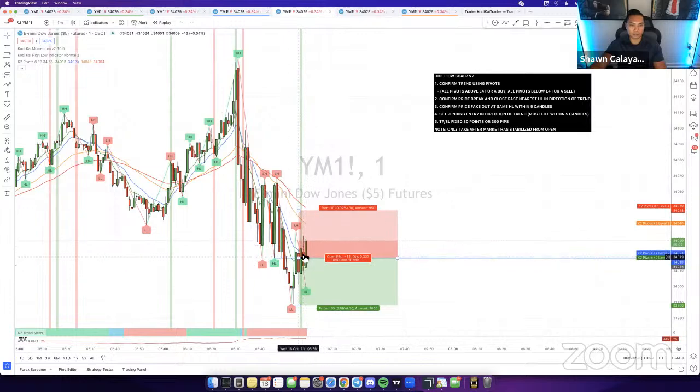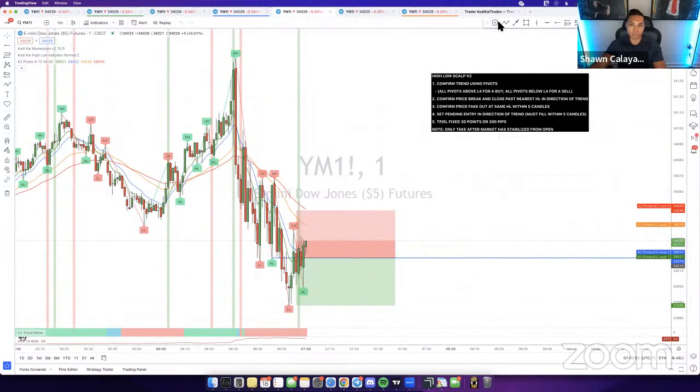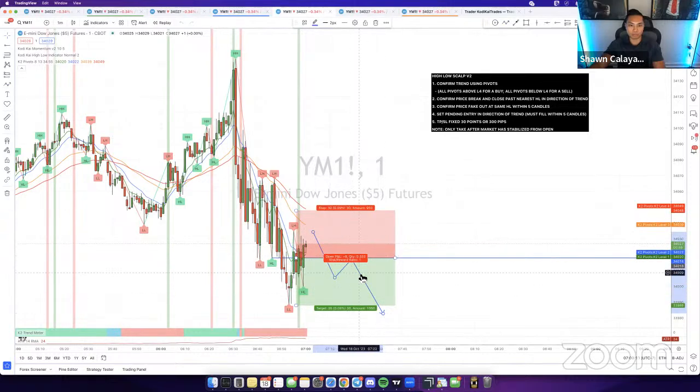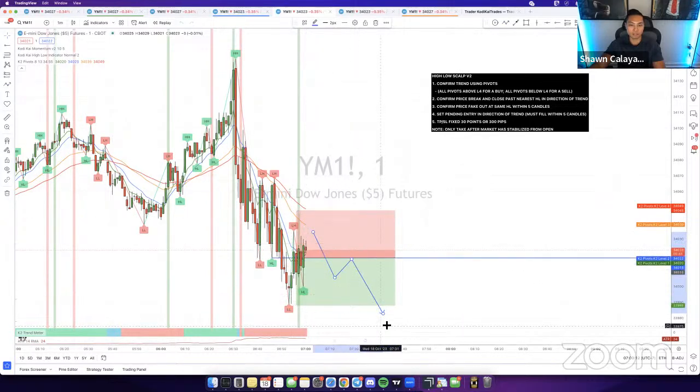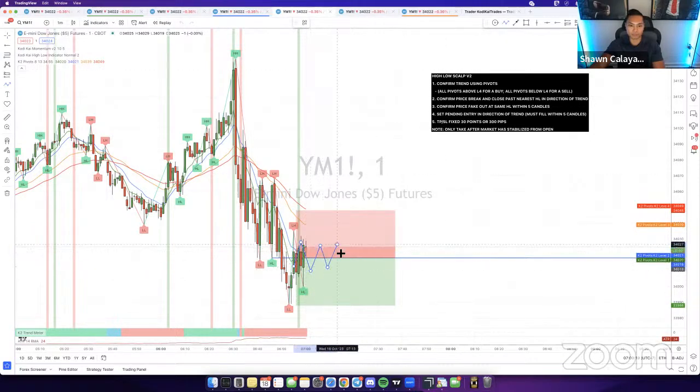You guys can see it kind of came down, then it comes back up, then it comes back down, and here you go, it comes back down. I don't like these type of positions. I don't want to be stressed out about a position. When these positions come up, I want them to just go straight down. Maybe one small retracement and then continuation, but I don't want it to just keep going back and forth for a good 10-20 minutes, because that's where it starts to mess with your trade psychology, right?